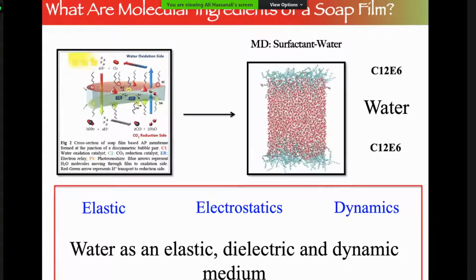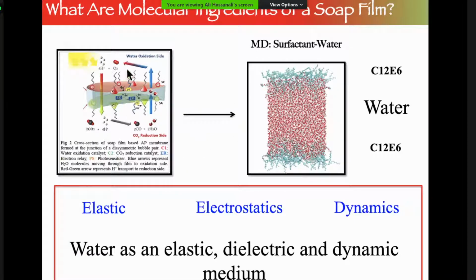Our contribution to the SoFiA project has been to try to answer the following question: what are the molecular ingredients of a soap film? You've seen these pictures on the left. They've been very nicely introduced by the previous speakers.